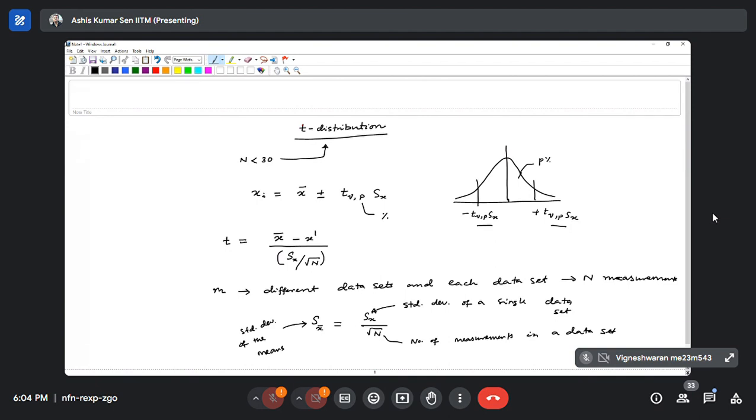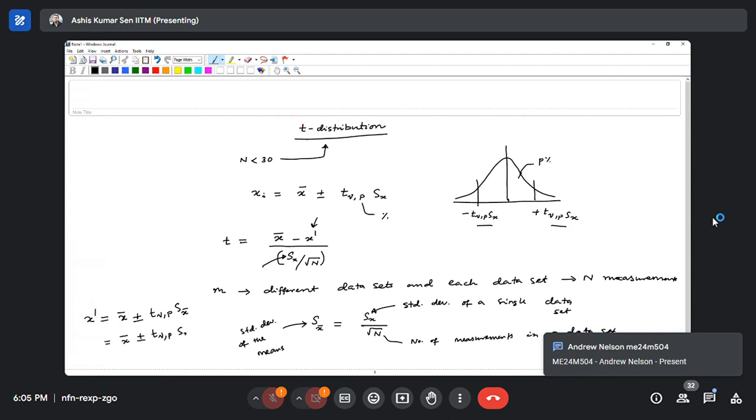Okay, so basically now instead of using s_x, a better estimate of the population mean is that you take a finite data set and find out its mean, then you do plus minus t(ν,P) times s_x mean, which is equal to x mean plus minus t(ν,P) s_x divided by square root of n.